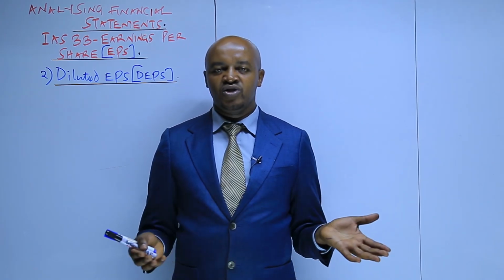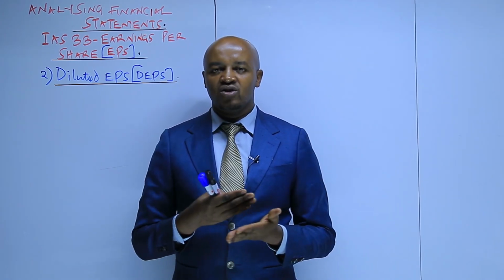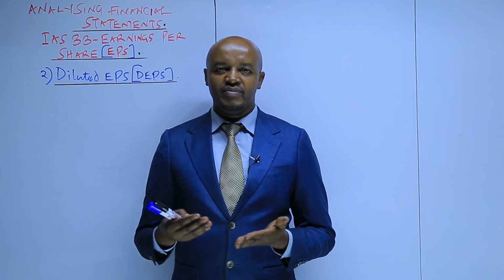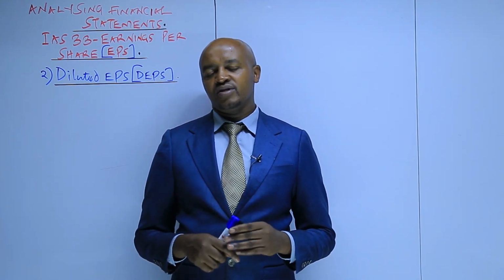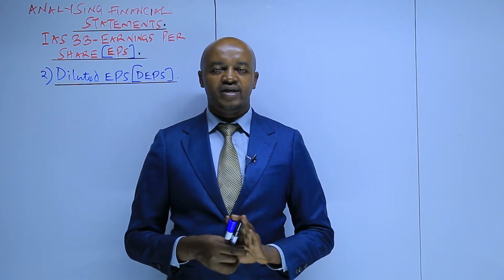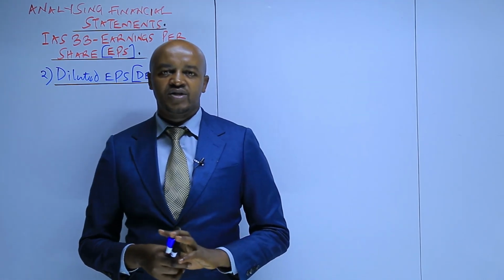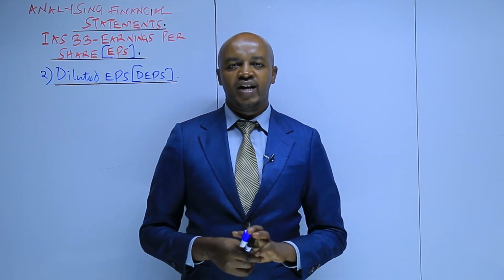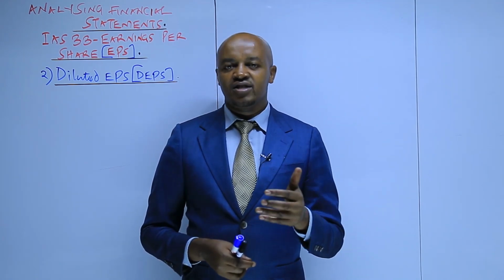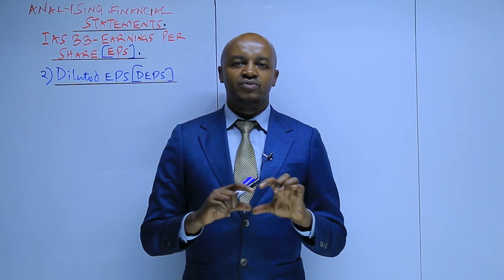A good example of a potential ordinary share is convertible securities like convertible debentures, or stock options which are granted to the employees and which are to be exercised in the future. Definitely, once these potential ordinary shares are converted into ordinary shares of the company, the interest of the original shareholders will be diluted.